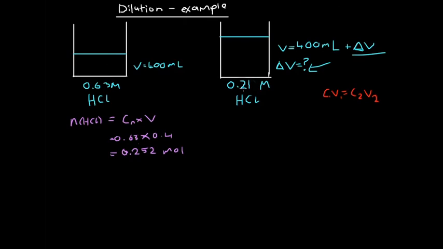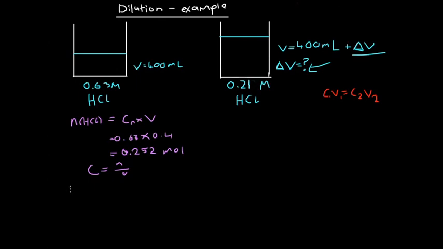So what we want to do now is create a solution with concentration of 0.21 moles per liter. We know that we've got this general formula, C equals n over V. We know the mole of hydrochloric acid, and we know the concentration that we want, 0.21 mole per liter. So let's find the volume that we need to make this solution.